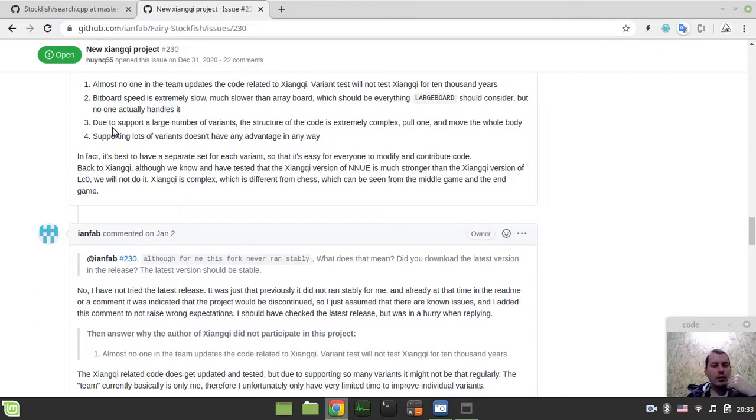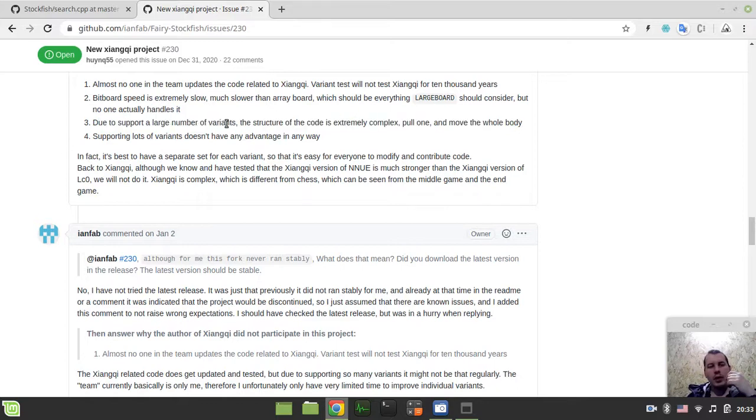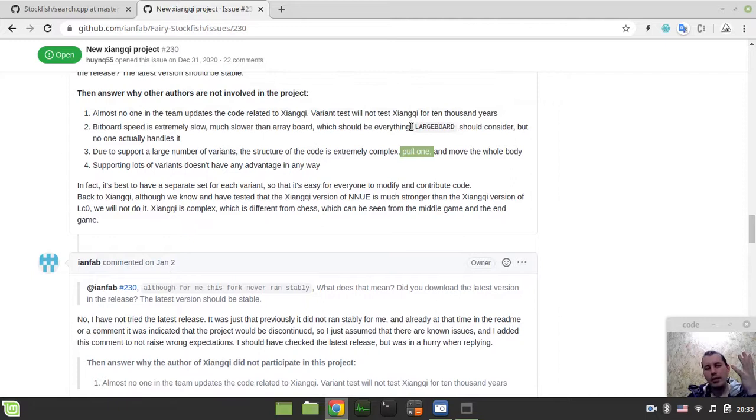Due to supporting a large number of variants, the structure of code, this is essential, guys, is extremely complex. So what he suggests is just to pull one and move the whole body. It's really on the contrary.